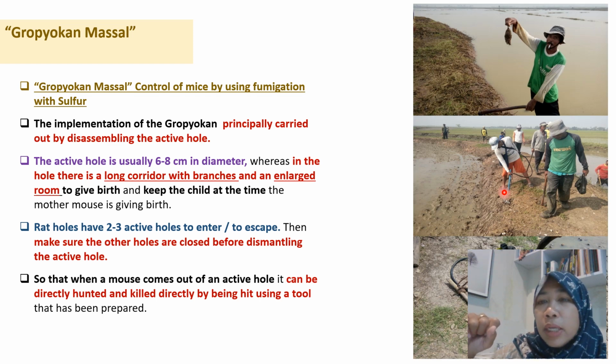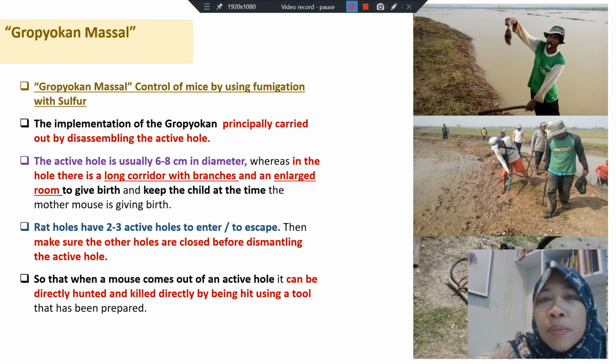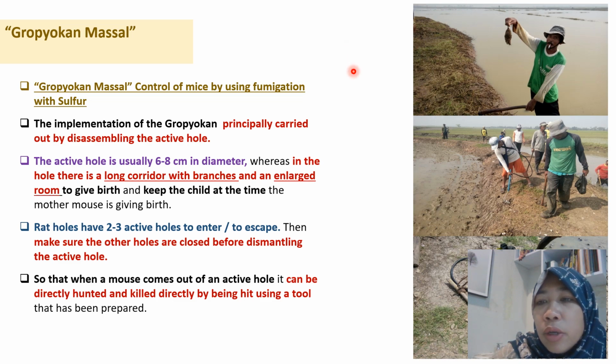by the fumigation using sulfur. Because it uses sulfur, it will disturb the respiration of the rat, so the rat will move, and then they will look for the exit hole, and the farmer is ready with the stick to hunt and kill together.